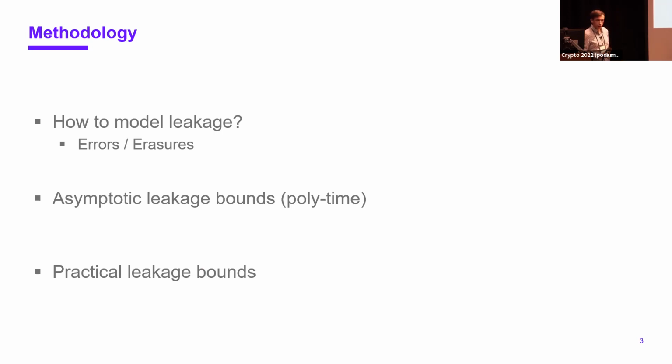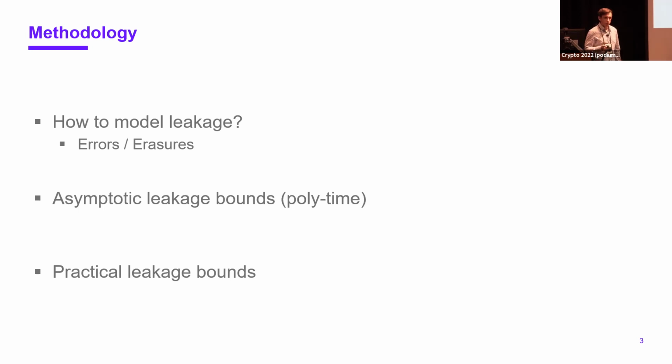And a more practical question where we are interested in recovering the secret key below some time threshold, so let's say 2^60 operations. How big can or does the leakage have to be to achieve this? And this is basically also the structure of the talk. So we will define the model, and then we will answer these two research questions.